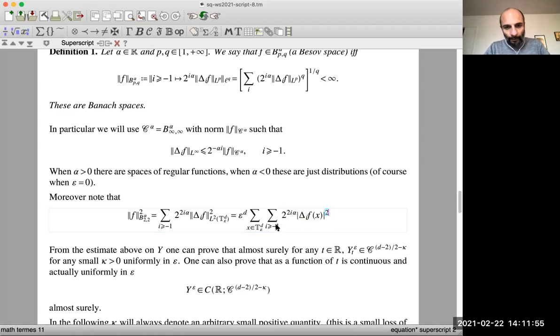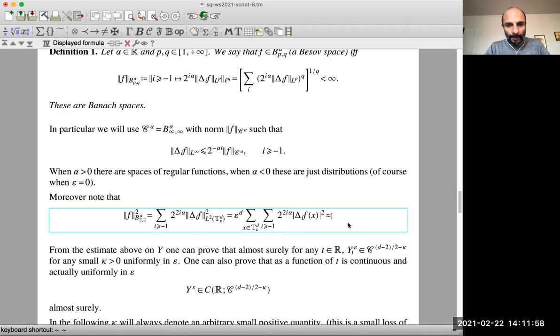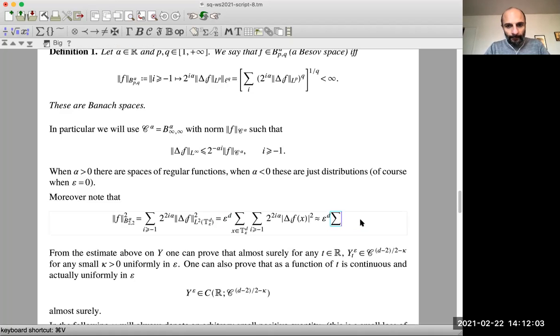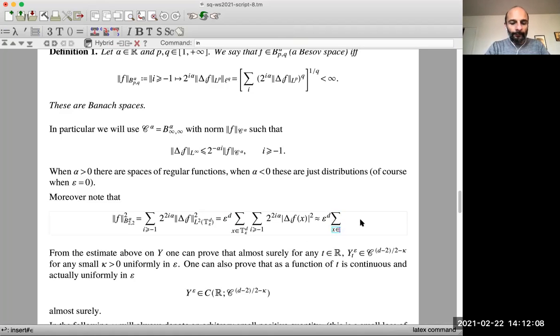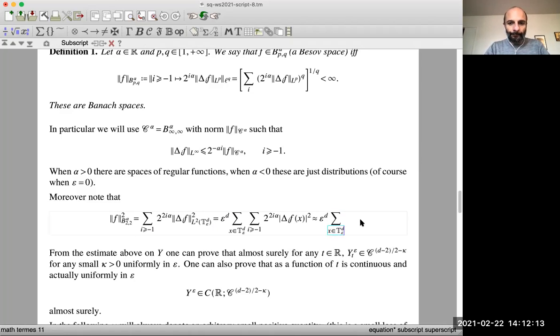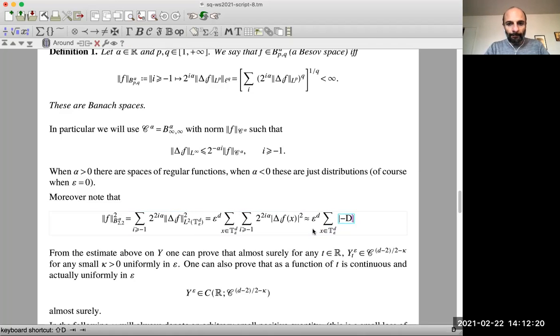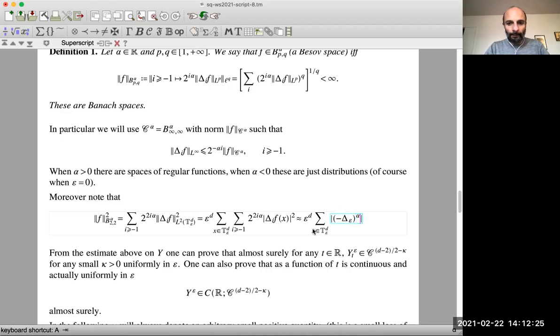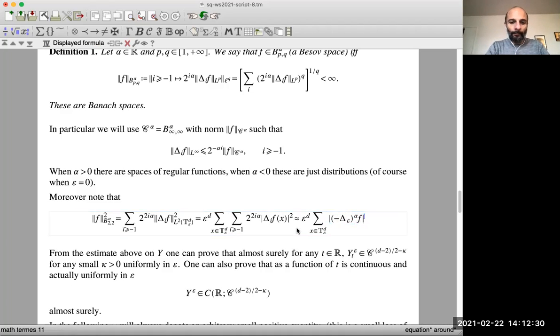Now you can work a bit in Fourier transform and you realize that this is essentially equivalent, for all that matters, to a kind of discrete Sobolev norm. Let me write it this way. That is, this 2 to the power I looks like the negative Laplacian, so I can write some alpha power of the negative Laplacian, understood in Fourier space, of f squared, okay?